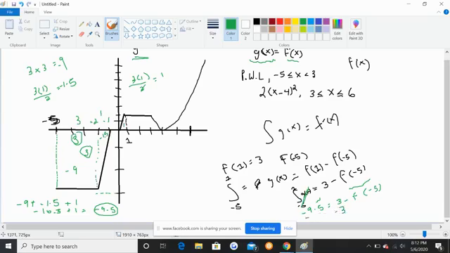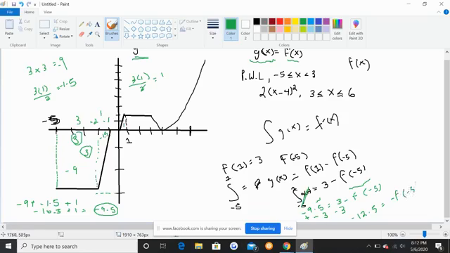All right, so negative 3, right? This is going to end up being negative 9.5 minus 3. This turns into a positive, and this turns into a negative. So now we have negative 12.5 is equal to negative f of negative 5.